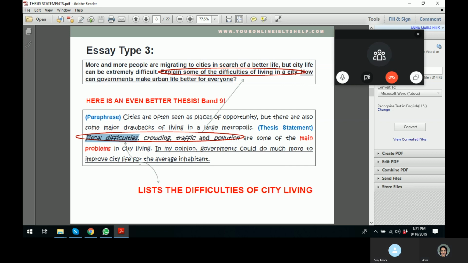Physical difficulties. What's that? I've not heard you. You said physical difficulties, right? Sorry? Did you say physical? You said physical difficulties. Am I correct? Fiscal difficulties.